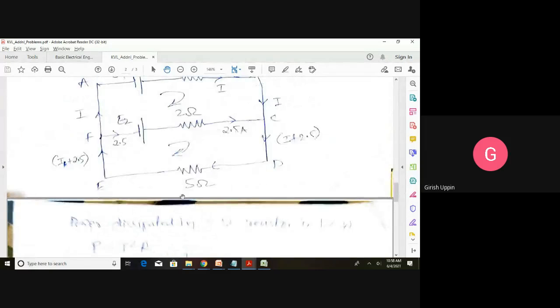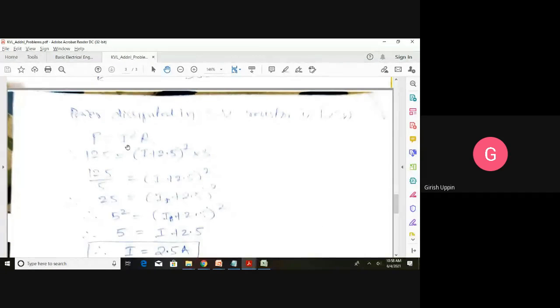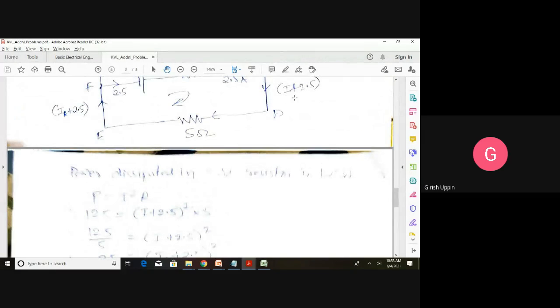Current is the unknown, and R is given, and we can use the power equation in terms of I and R. That is P is equal to I square R. And what is the current flowing in this particular branch? In this branch, I plus 2.5 amperes is flowing. Therefore, 125 is equal to (I plus 2.5) whole square into 5.